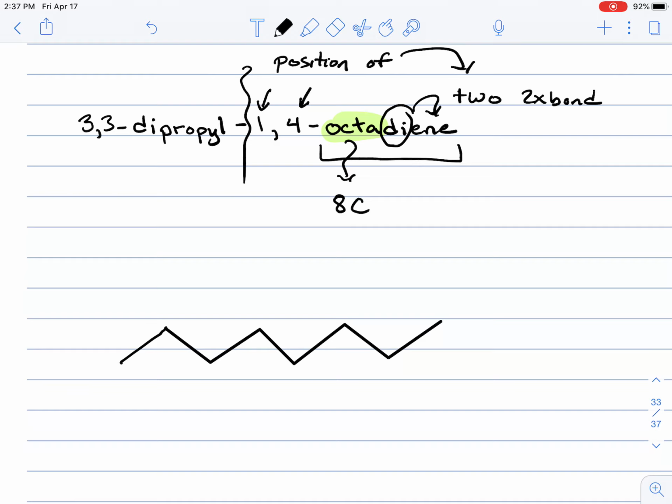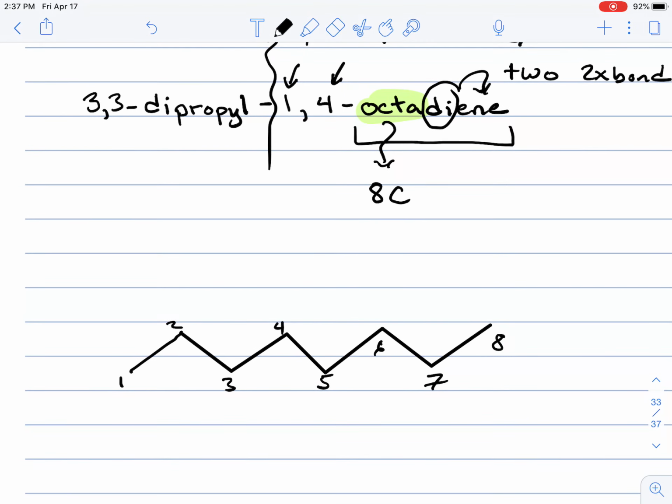And so I'm going to start labeling my carbon number 1, 2, 3, 4, 5, 6, 7, and 8. And once again, you guys can go ahead and go from right to left or left to right. You're building your own organic compound.